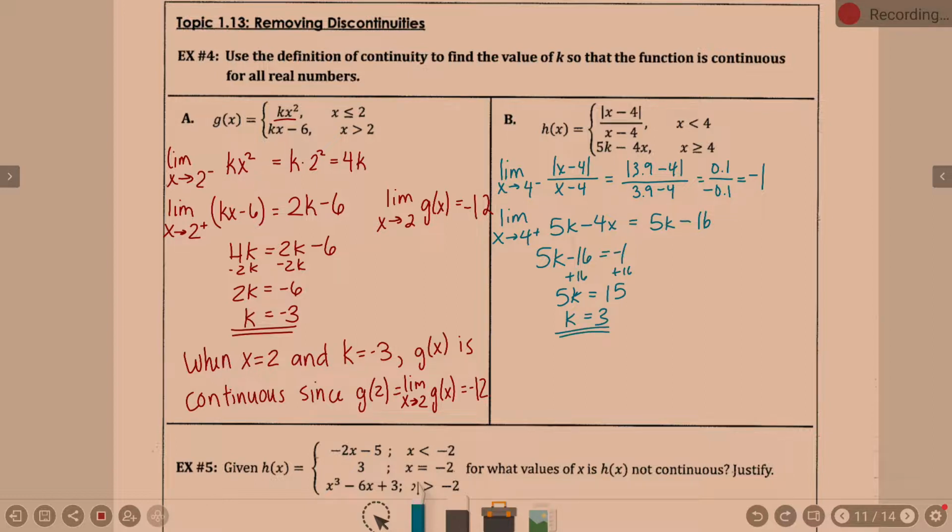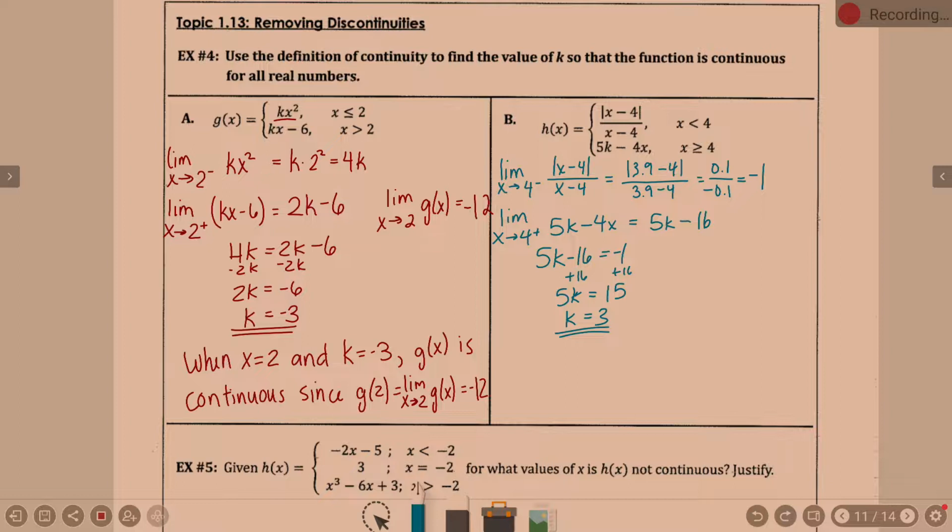K is 3. Okay. If we know that k is 3, and you go back up here, 5 times 3 is 15, minus 16 is negative 1, isn't it? Okay, plugging it in.